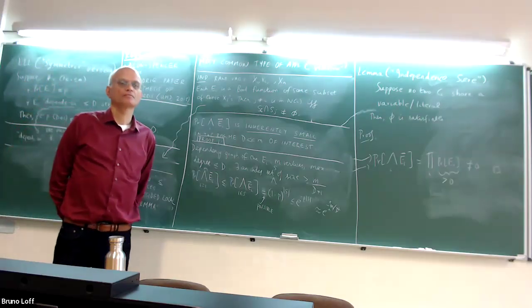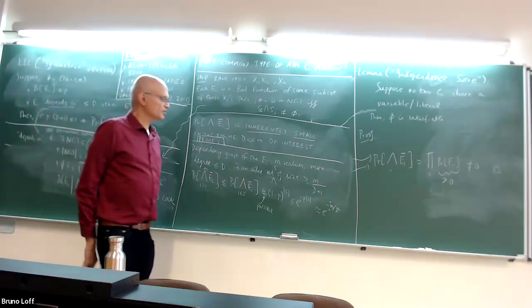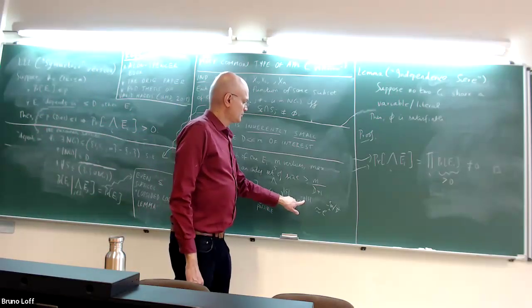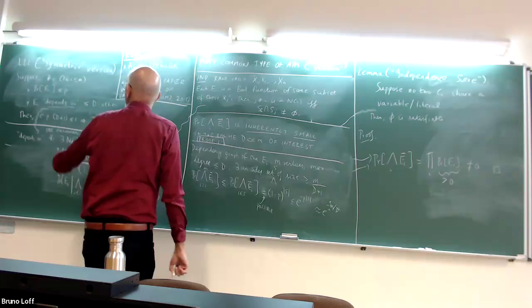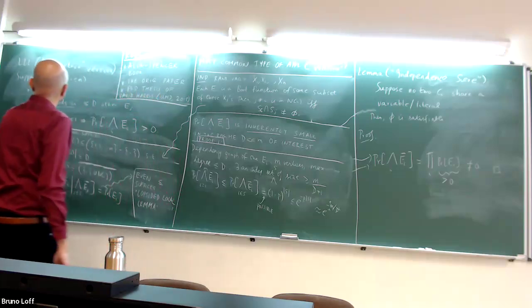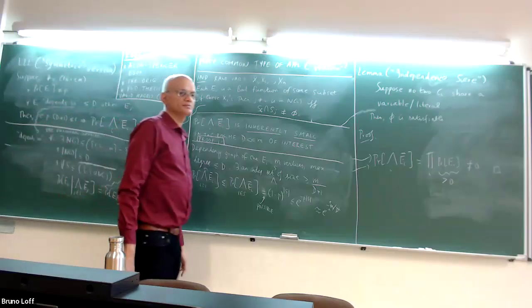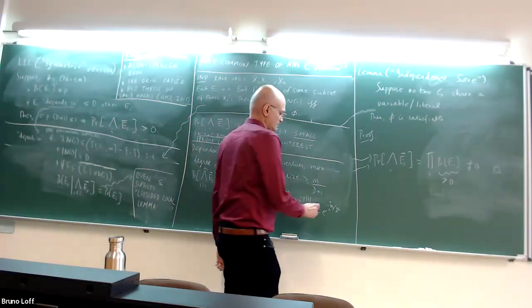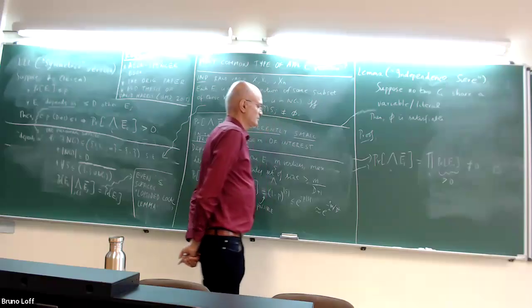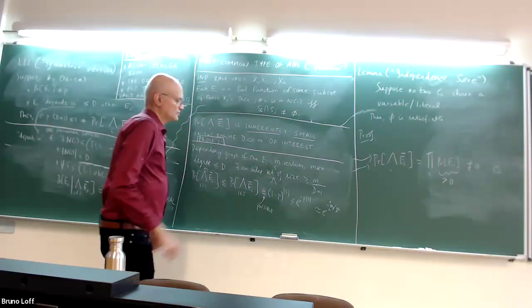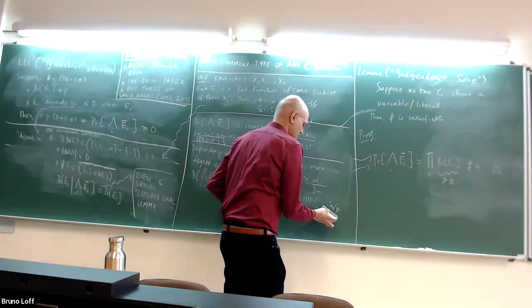Sorry, where does the C come from? Some constant, because p is like 1 over d. Ah, yes, I see. Okay, let me write this properly.